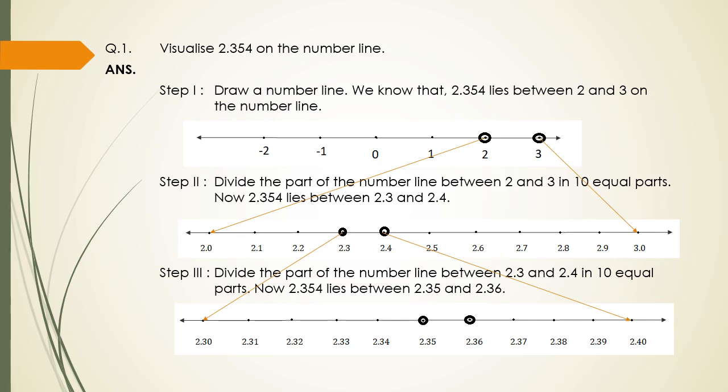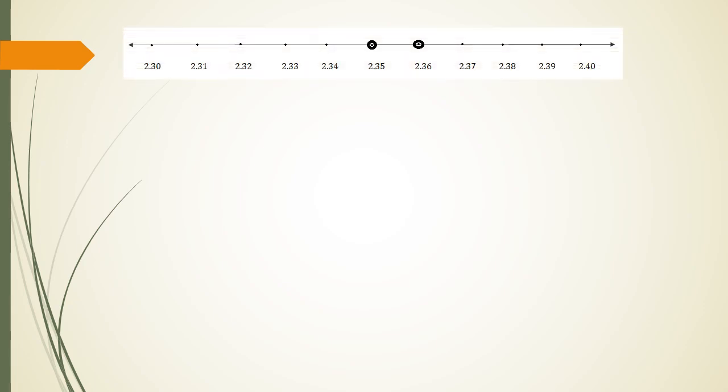Again, our number 2.354 will lie between 2.35 and 2.36. I have located 2.35 and 2.36 on the number line. In this way, once again, we locate the numbers between which our given number will lie. This is the method in which we do it continuously, that is the successive magnification. Further, once again I have taken the same number line. We have come to this step.